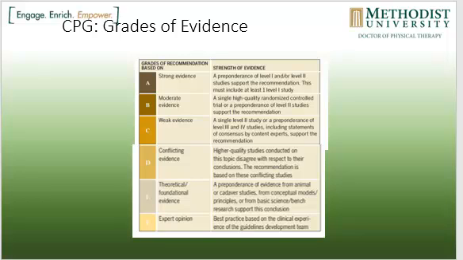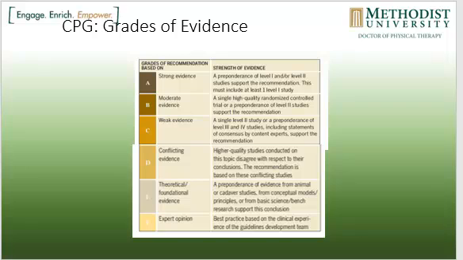B, grading the evidence as a B, is that they have high quality randomized control studies with level 2 studies. Weak evidence is that they may have a single level 2 study, but most of the evidence to support that is a level 3 or 4.